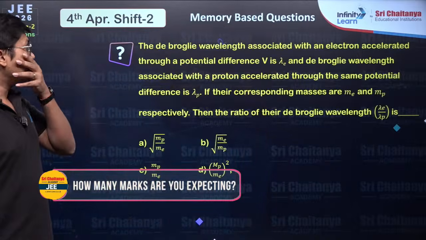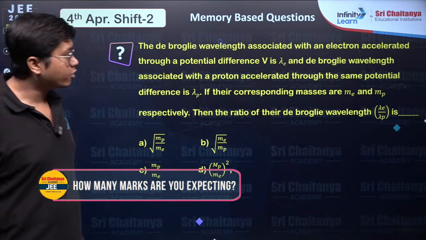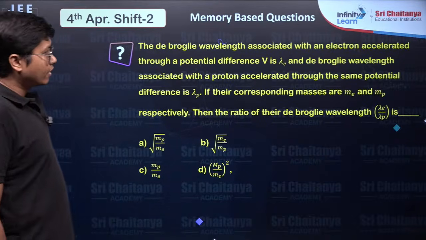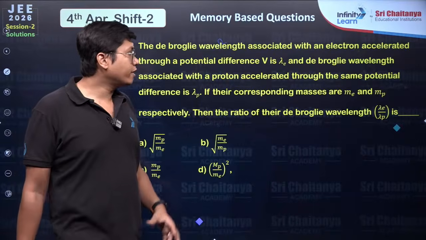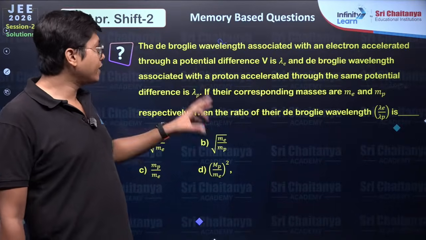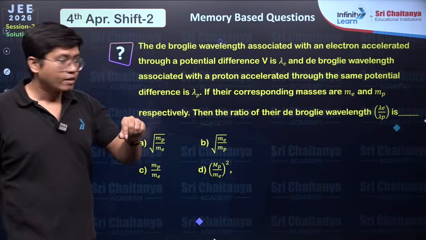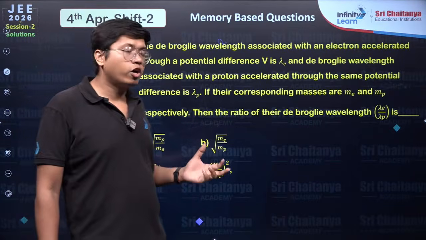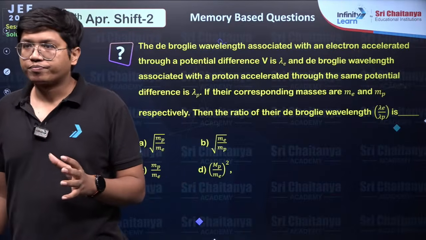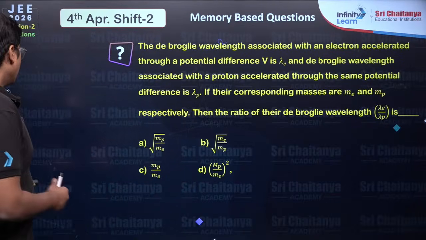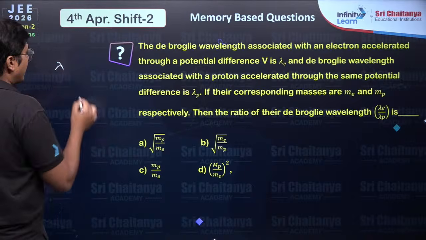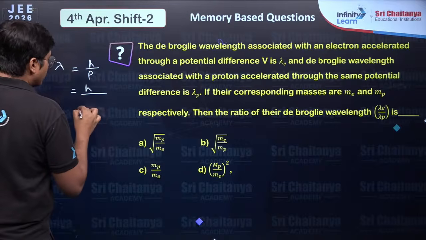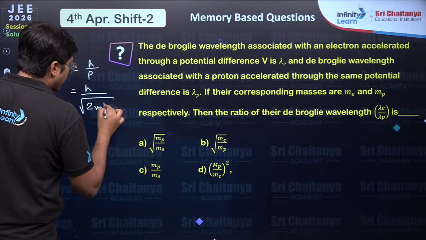This one says the de Broglie wavelength associated with an electron accelerated through a potential difference V is lambda E. De Broglie wavelength associated with a proton accelerated through the same potential difference is lambda P. If their corresponding masses are Me and MP respectively, then the ratio of the de Broglie wavelength is how much? I know lambda is equal to h by p, and the momentum can be written as root over 2mK.